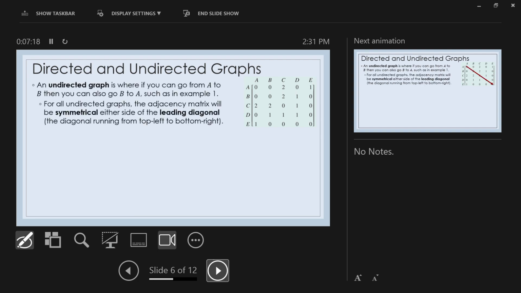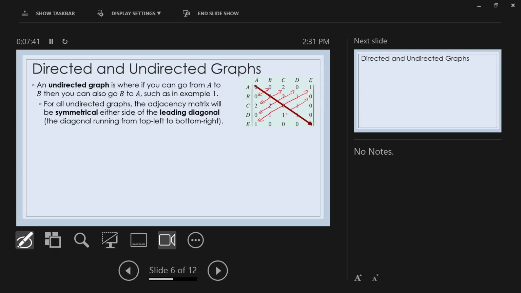Okay, so undirected graphs, what we have is the leading diagonal running across. Now you would have done this in apps last year as well. If there is symmetry about this, so if I picture this as my symmetry line, that is symmetry to that is symmetry to that, and we can see my symmetry lines going like this. See within each of these, they are all symmetrical, not just the outside ones, but also the ones internally.